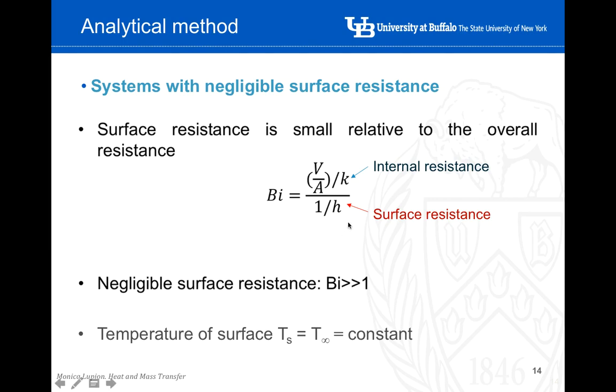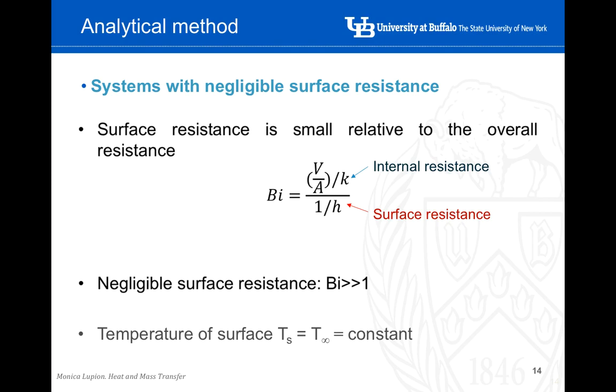If you remember from a few minutes ago, we defined the Biot modulus as the relationship between the internal resistance, which is this value here, the volume over the area over the thermal conductivity, over the convection resistance. Now we have just the opposite case as in the previous one. So instead of having a very small internal resistance, what we want to have now is a very small surface resistance. That means that the Biot number has to be large.